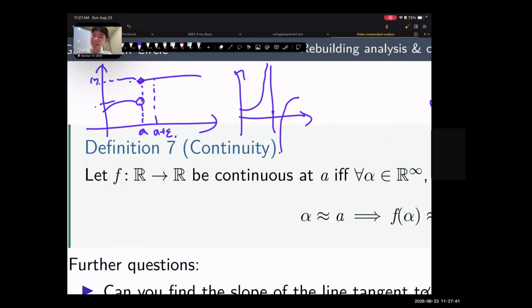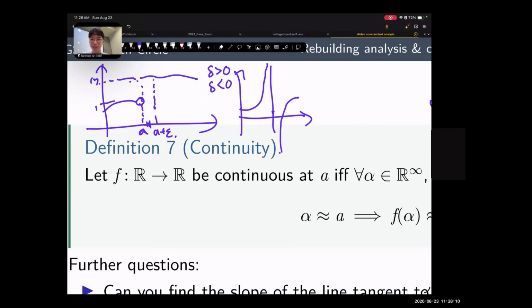Say this is 17 and say this is 1. From A, we're going to move an infinitesimal positive amount to alpha, which is A plus epsilon, maybe. What's the function value? It is 17, even if we moved by a tiny, tiny amount. The reason this is true is because infinitesimals are unambiguously positive or negative. They unambiguously have signs.